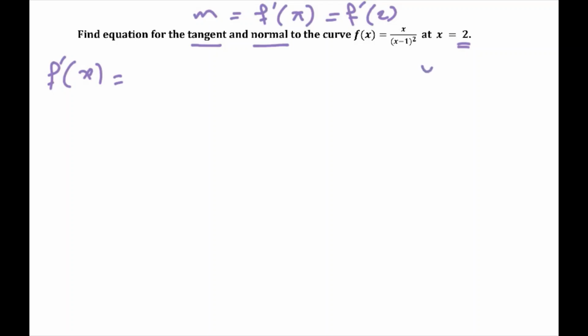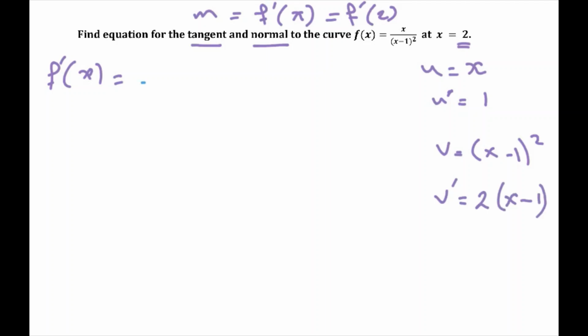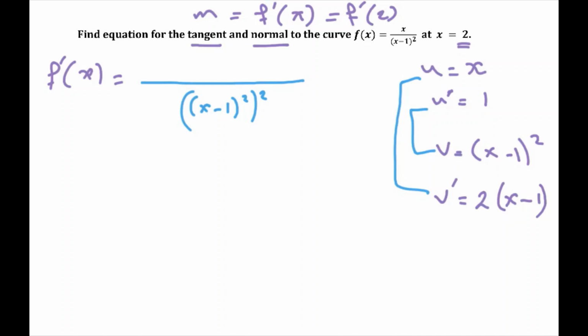Now, if u equal x, u prime is 1. And if v equal x minus 1 squared, then v prime equal to x minus 1. Based on the rule, it's u prime v minus u v prime over v squared. So let me put v squared here. So u prime v minus u v prime. Now it's time to simplify.